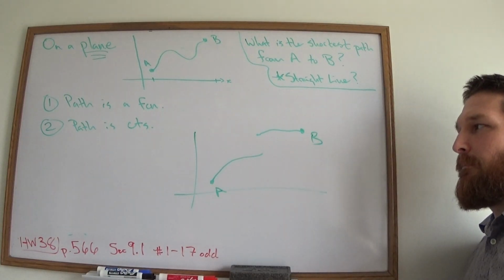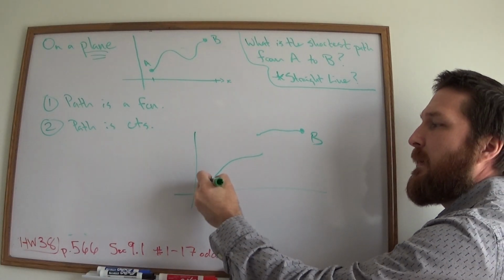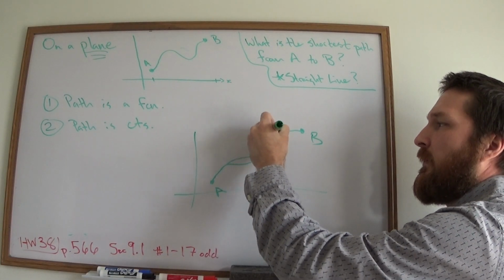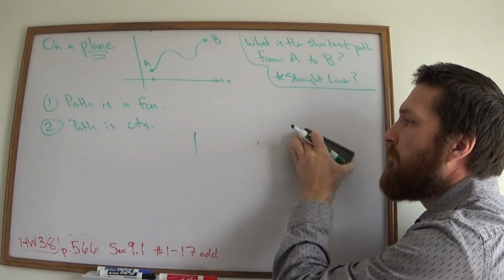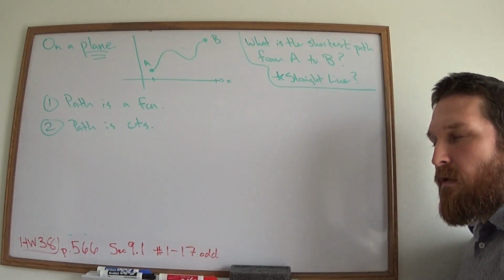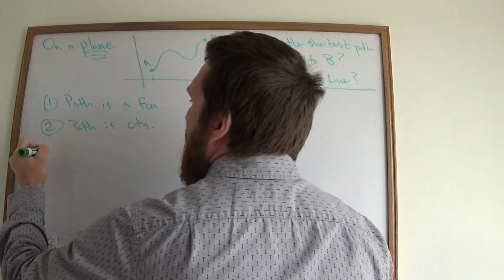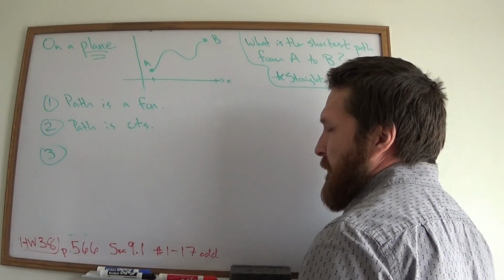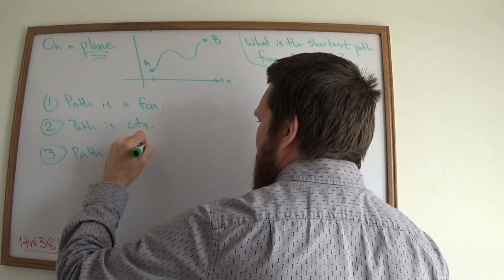It doesn't work. So the path is going to be continuous. You will be able to walk it without teleporting or using warp drive or something like that. Everybody okay with that assumption? Not assuming too much here, right? Here's where I might be assuming a bit too much: that the path is differentiable.